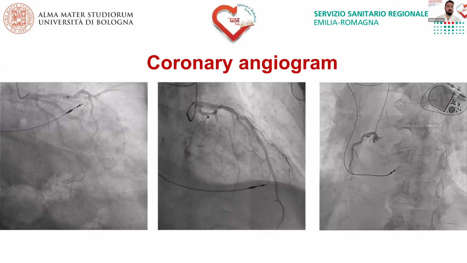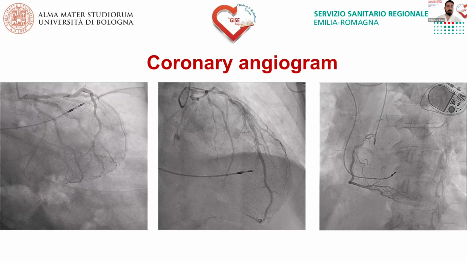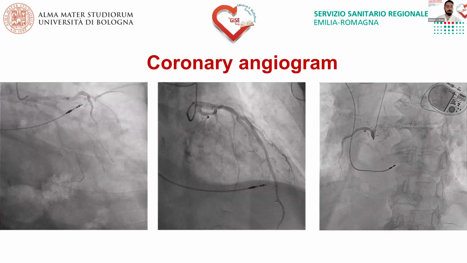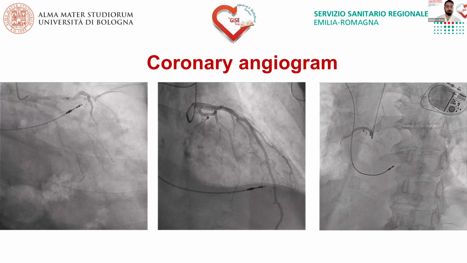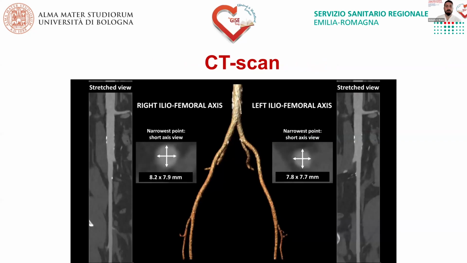Here you can see his angiography. He had no significant coronary stenosis. And here you can find his CT scan data. We believe that the CT scan in this kind of patient is really important during a heart team discussion to establish the most appropriate approach to treat this patient.